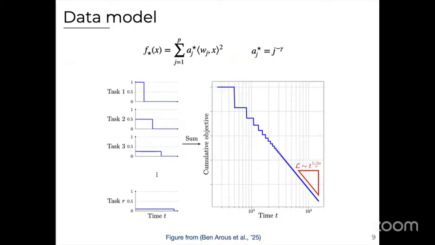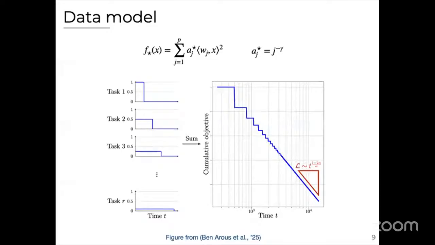Each of these tasks is a quadratic task, and they are organized in a hierarchical way where some tasks are more important than others. So to learn the target, I need to learn these different tasks, and some of them have higher amplitude, some have less important amplitude.